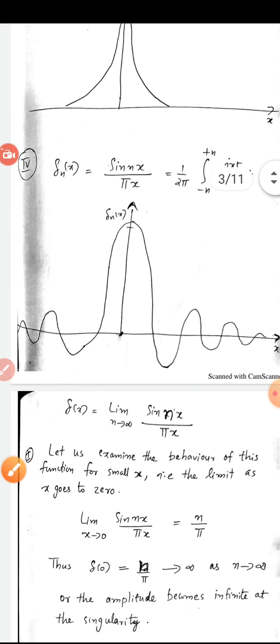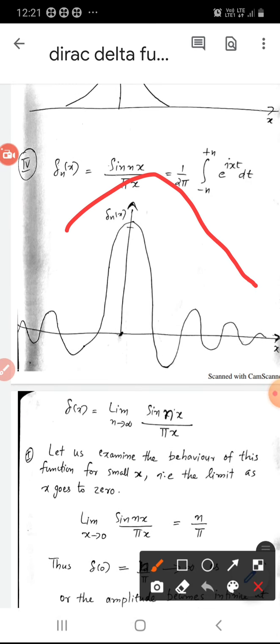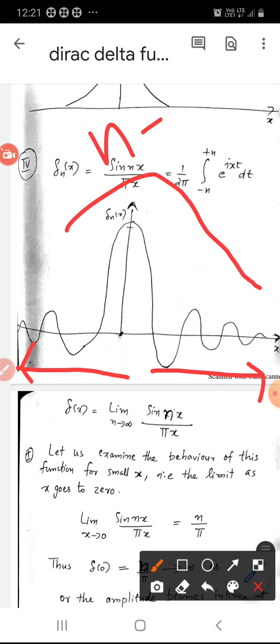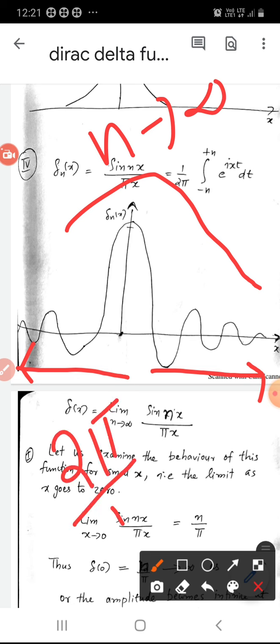So our function, as x tends to infinity and as x tends to minus infinity, x very large, its amplitude decreases, and as n tends to infinity, the period 2π/n will tend to 0. That means you will be getting the function like this.